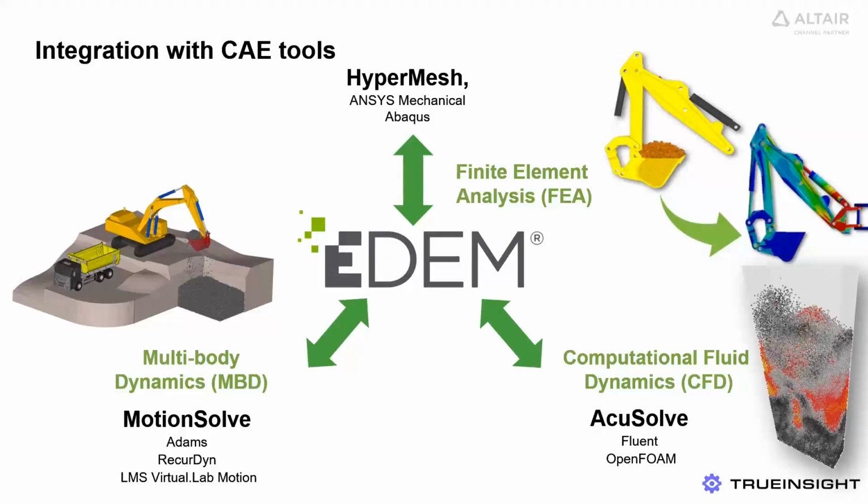This capability enables engineers to investigate fluid particle interaction and has applications in, for example, pneumatic conveying of particulate materials or dust emission modeling when mining equipment such as a dump truck or train wagon tippers. Later in this webinar, we will look at a couple of examples where EDEM has been coupled with other CAE software tools and talk about the advantages that those couplings provide.